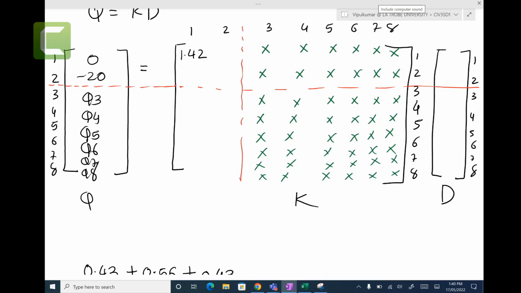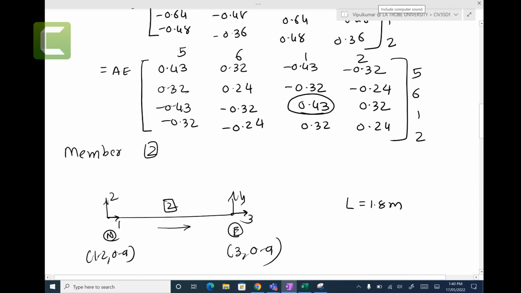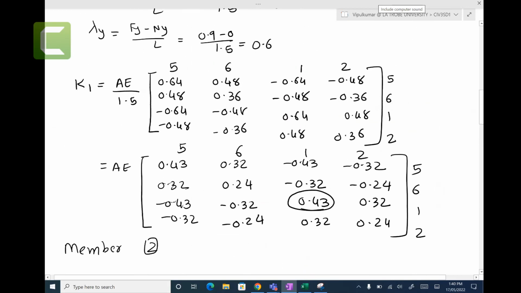Now the second one, column 2, row 1. Now here is one trick I like to give you. In the exams, if you are using the sheets, you want to structure your K1, K2, K3 in a way that you're not going to do this.